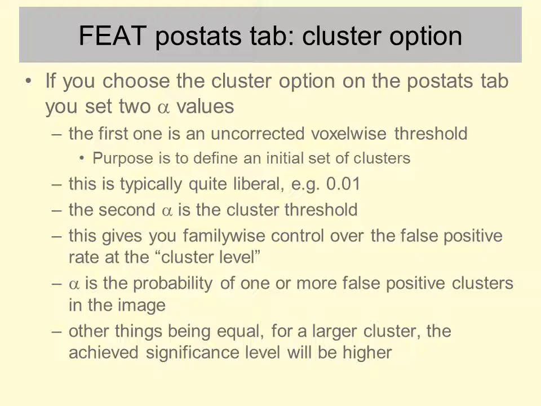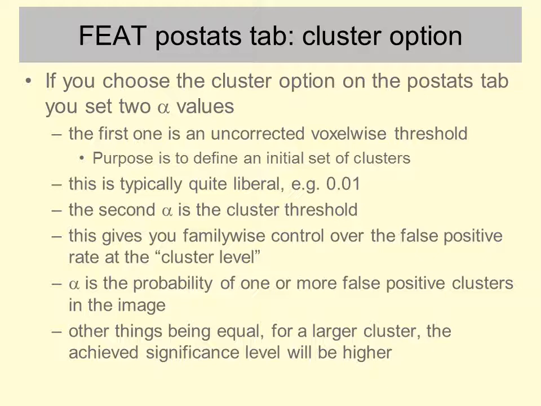And that's the one where you're actually taking family-wise control over the false positive rate, but you're doing it at the cluster level. So given the first threshold and the clusters that causes to appear in the image, you then define a probability that there are 1 or more false positive clusters in the image, which is the probability that you're prepared to accept of there being 1 or more false positive clusters in the image.